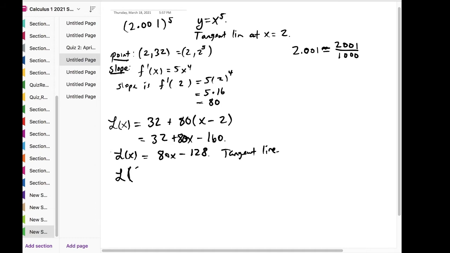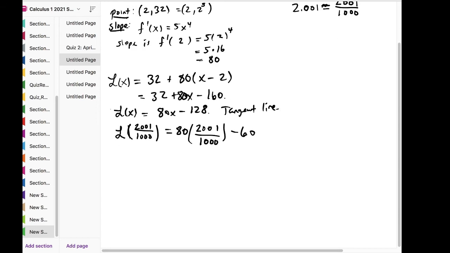So L of 2001 over 1,000 is equal to 80 times 2001 over 1,000 minus 60. All right, so let's do some simplifying.